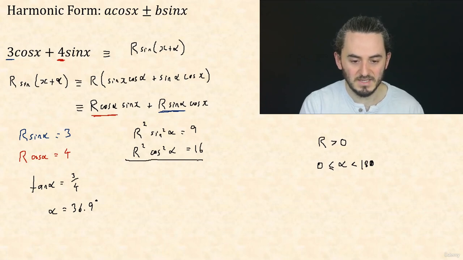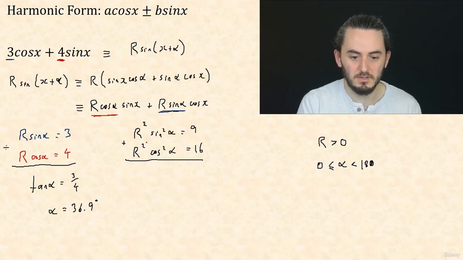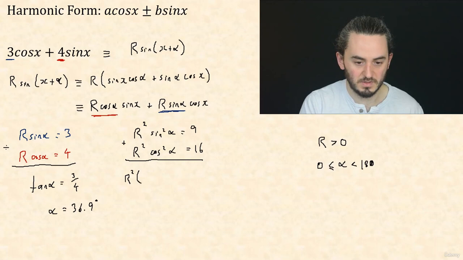And now if I add these lines together, I get r squared times sine squared alpha plus cos squared alpha. I've just factorised out the r squared, and that equals 25.